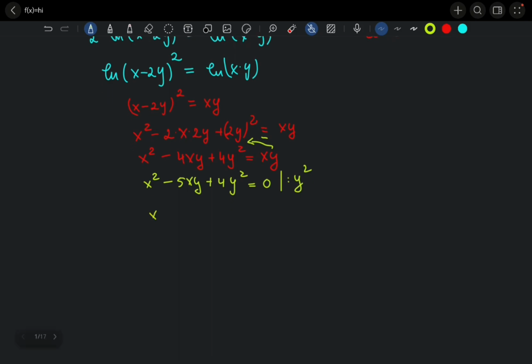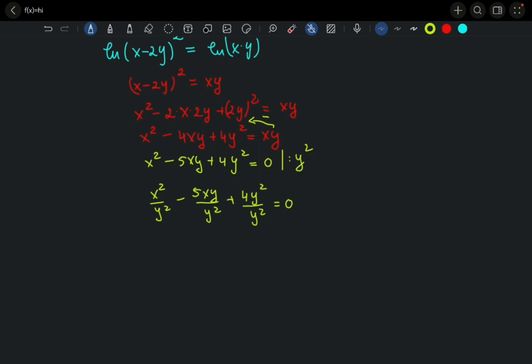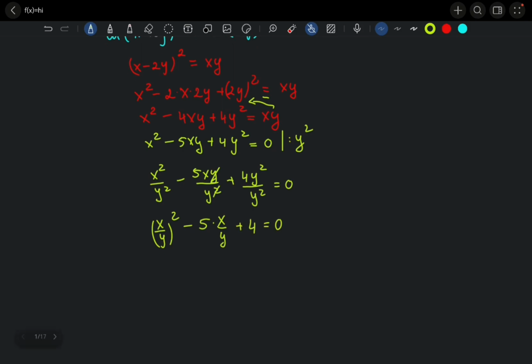We get x squared over y squared minus 5xy over y squared plus 4y squared over y squared must be equal to 0. x squared over y squared is the same thing as x over y whole squared, minus 5 times, the y from the denominator cancels with the y from the top, x over y, plus 4 must be equal to 0.